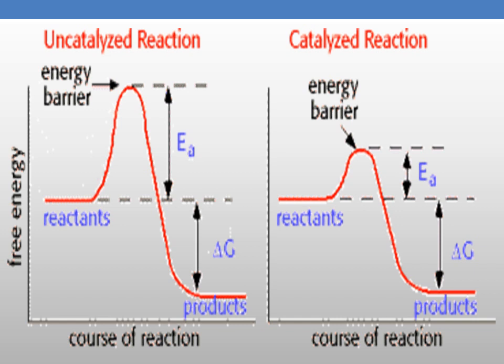Here in the catalyzed reaction, the energy consumed to reach the threshold energy is very less. So activation energy is more in the uncatalyzed reaction, and less in the catalyzed reaction. This is the difference between an uncatalyzed and catalyzed reaction. Now you can understand the importance of a catalyst used in a reaction.